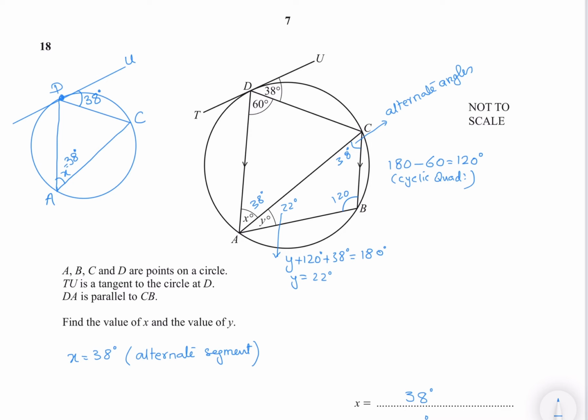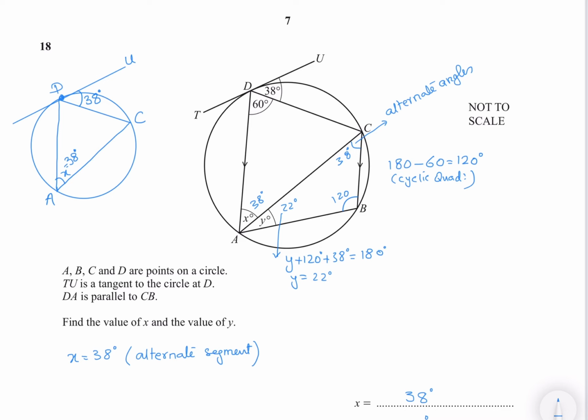AD and BC are parallel. The DAC angle is 38, so it would be equal to the ACB angle 38 because they are alternate angles between two parallel lines. At D, you see angle ADC is 60, so ABCD is a cyclic quadrilateral.